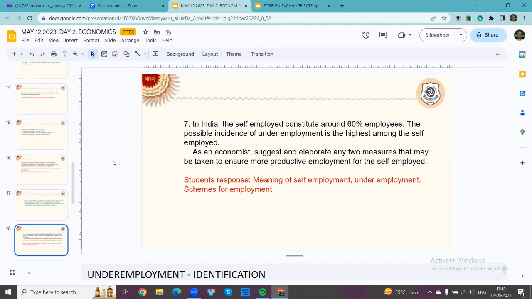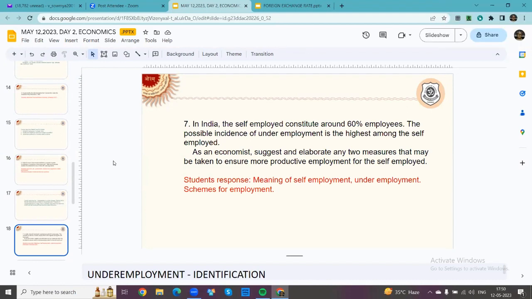Ma'am, firstly, this is an open-ended question. What would be my suggestion, and it has to be supported with a valid point. So what could be the valid point they are supposed to write here?